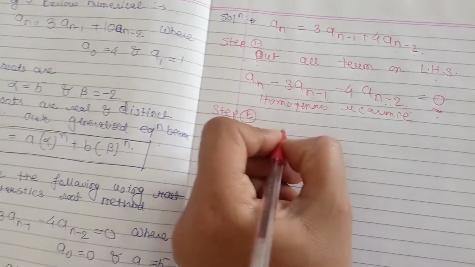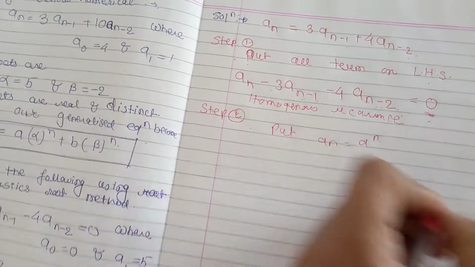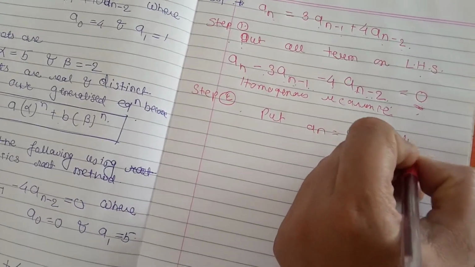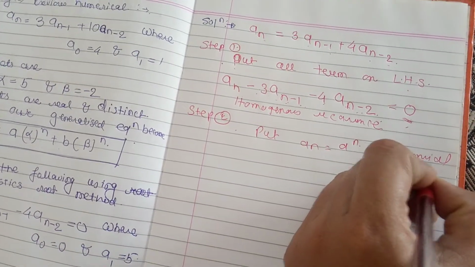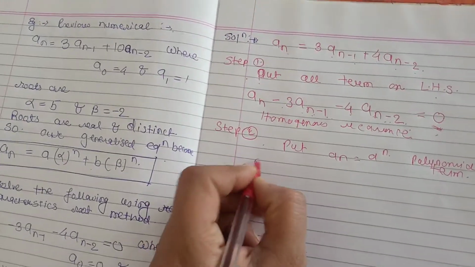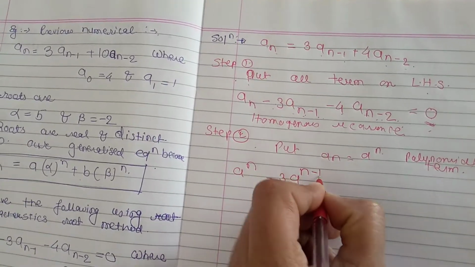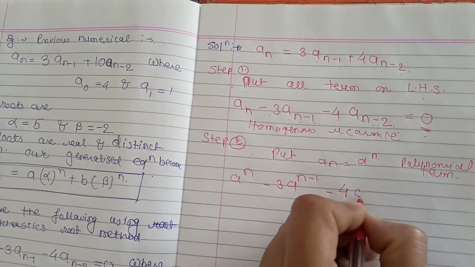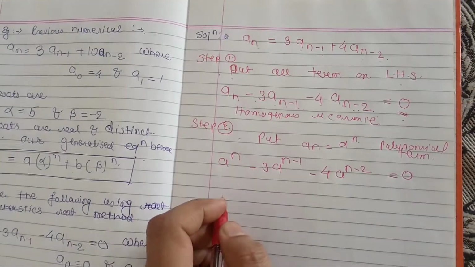Fine. So the step 2 for this is, we have to put a of n is equal to a to the power n, as we want the polynomial term. So what we will do: a to the power n minus 3 of a to the power n minus 1 minus 4 of a to the power n minus 2 is equal to 0.